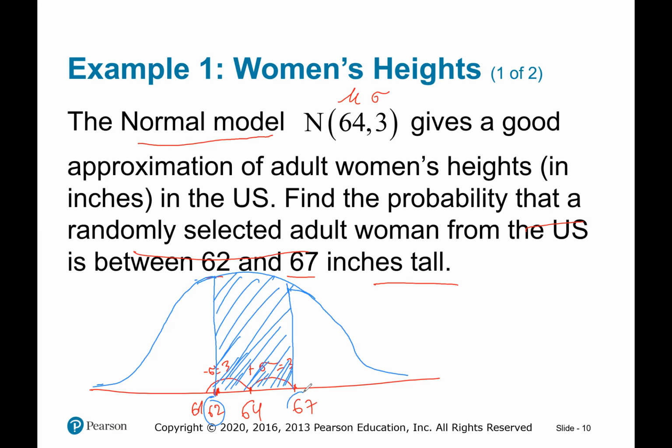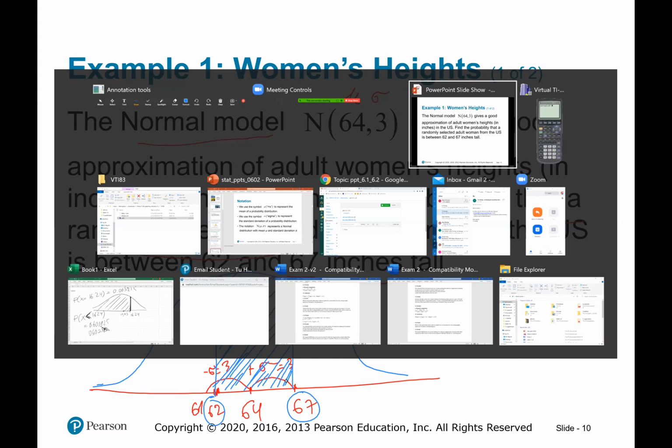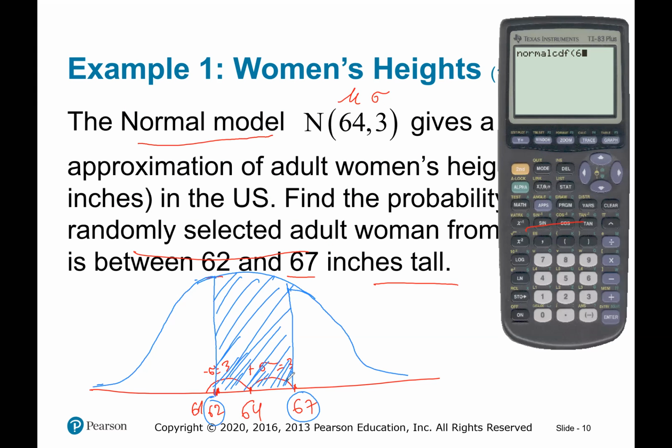And the upper bound is 67, right? So put 62 first, and then comma, and then 67, and then comma. Now you put the mean. Don't forget this step. The mean is 64. And then the standard deviation is 3.